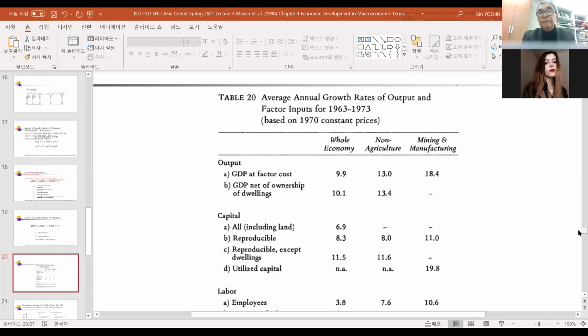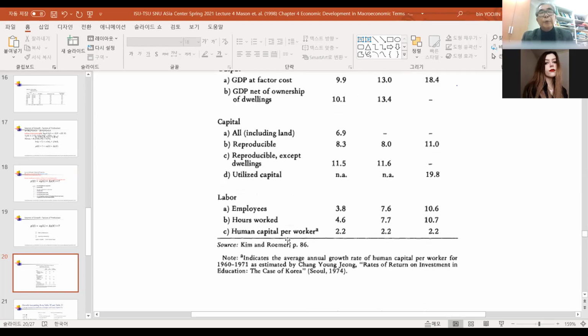Okay, labor. There could be employees, number of people, head count, or hours worked, number of people times average working hours, or human capital per worker. This is a little bit of a high advanced concept, but we measure human capital by age, sex, whether female or male workers, education level, age level.